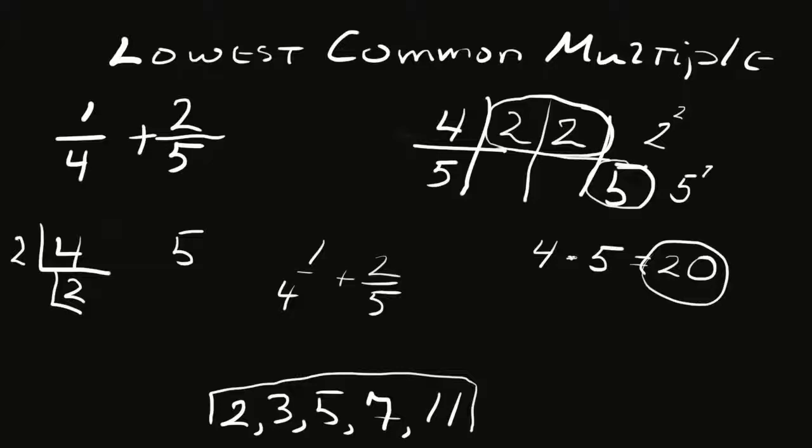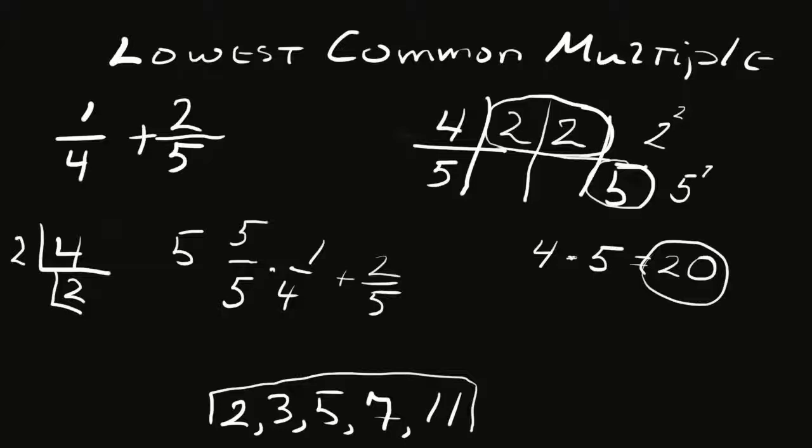Well, we know that 20 is made out of 4 times 5, so let's multiply our 4 by 5, and that'll give us a 20 over here. But the only way we can get away with multiplying the denominator by 5 is if we multiply the numerator by 5 as well. Because when we multiply our whole fraction, 1/4, by 5/5, that's the same as multiplying it by 1, because 5/5 is just another way of writing 1.